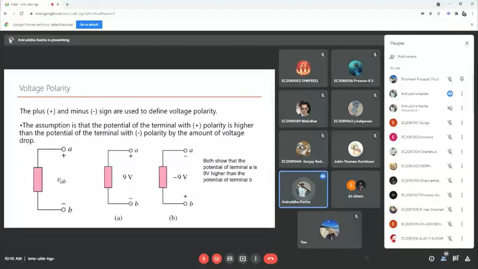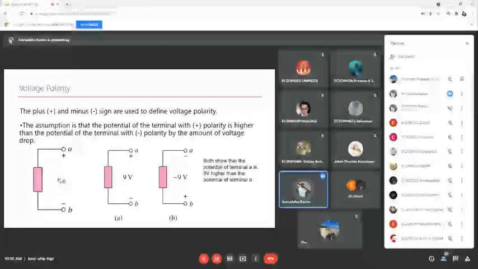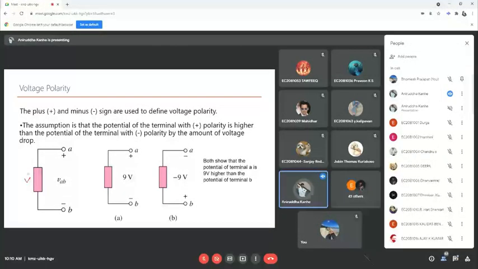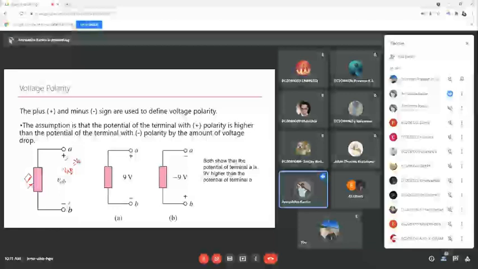And what I have discussed just now can be seen here in these two representations. Let us assume in this case you have some certain element which we are not interested in knowing what element it is, and we are only interested in knowing the voltage difference between point A and B. So you can call that VAB, and VAB is VA minus VB.